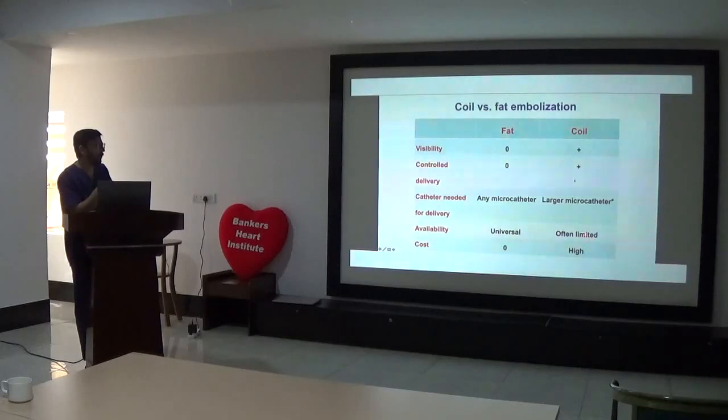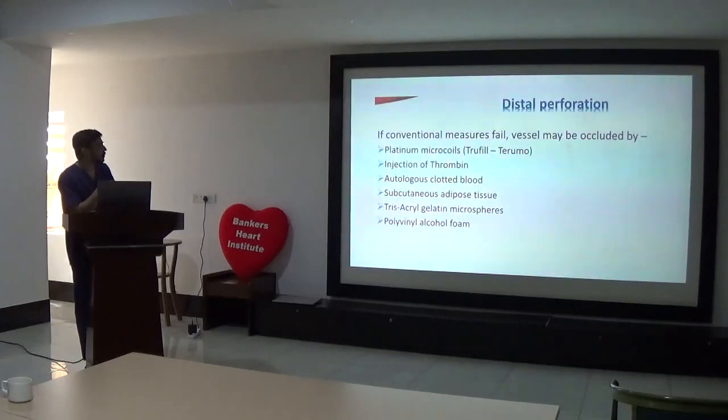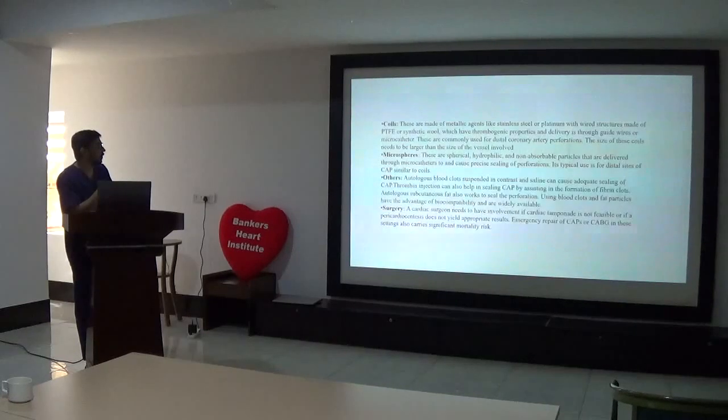Availability of coils is often limited, while fat is universally available. Cost is high in coils. Again going through the same slide: platinum microcoil, thrombin, autologous clot, subcutaneous tissue, gelatin, and alcohol, polyvinyl. And these are the theoretical aspects.